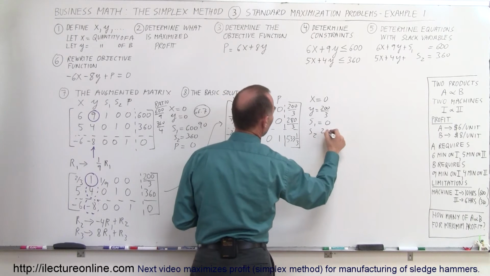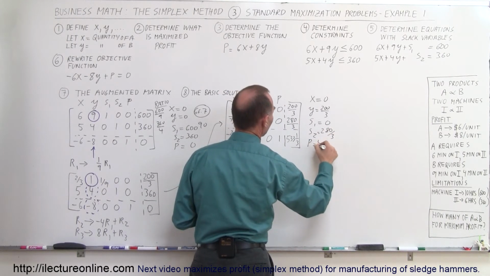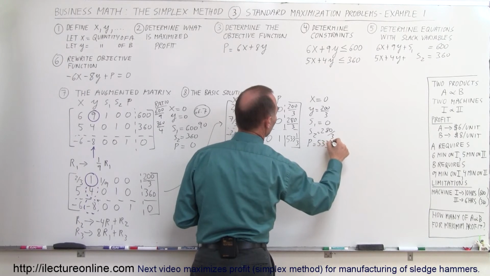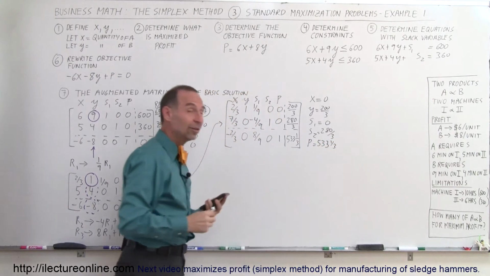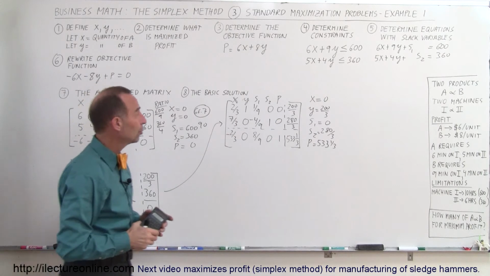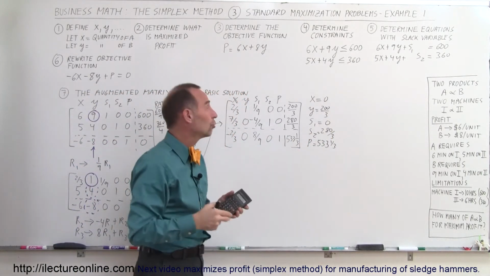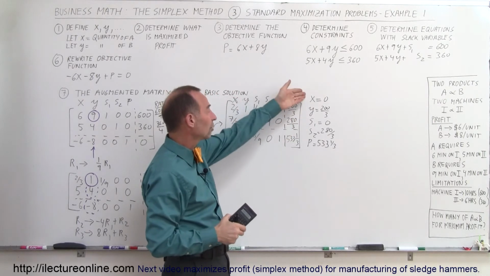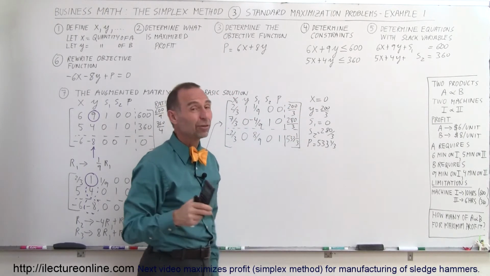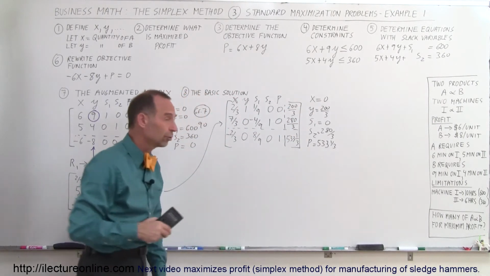S2 is equal to 280 divided by 3, and the profit is now 533 1/3. So our intermediate result tells us that if we produce 200 divided by 3, which is 66 2/3 units of y, and 0 units of x, we'll make a profit of $533 1/3.